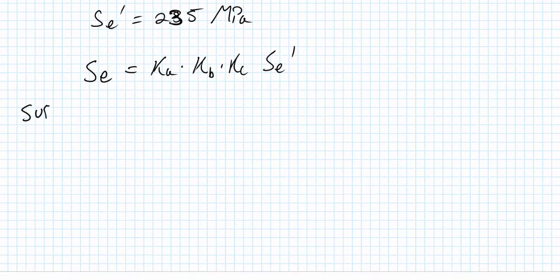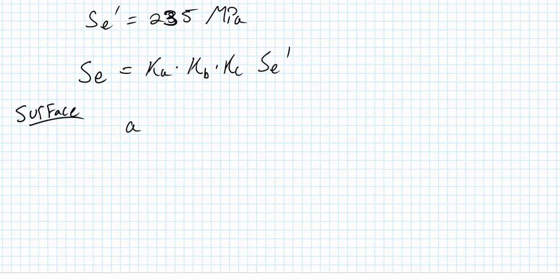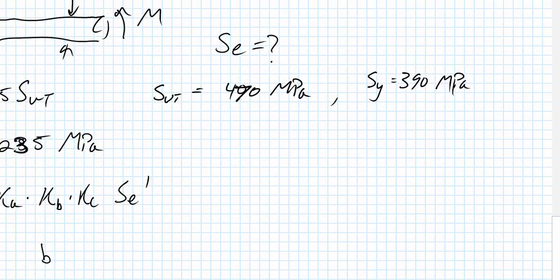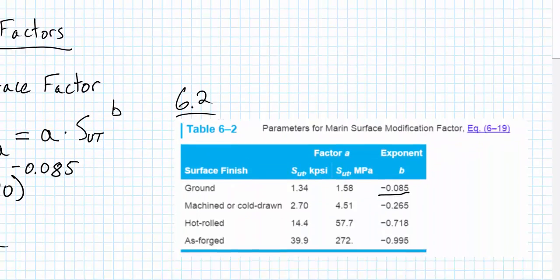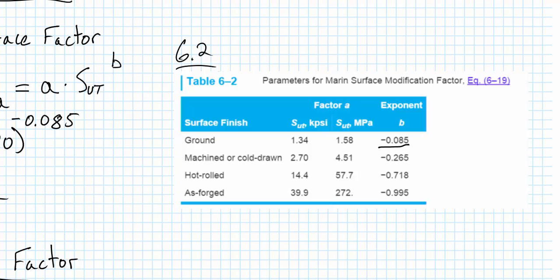So for the surface, well, this was a round shaft, which means most likely, unless it was forged, it was machined. So we can use the tables in Chapter 6 to tell us what should be the A's and B's for a machined surface. So if we go back to that table, machined or cold drawn, our A will be 4.51, and the exponent will be negative 0.265.